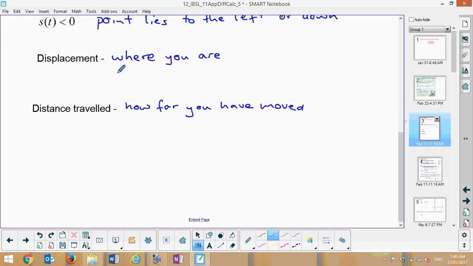Displacement is a vector. We're going to keep using that term more and more, and we'll do a whole topic on vectors shortly. A vector has magnitude, it's got some number, and it has direction.